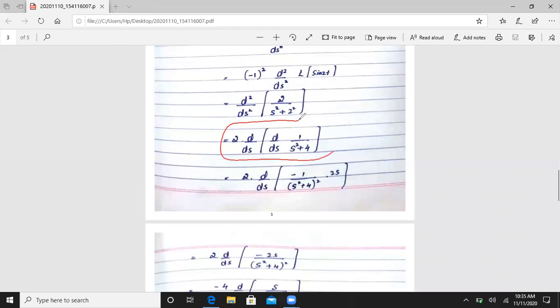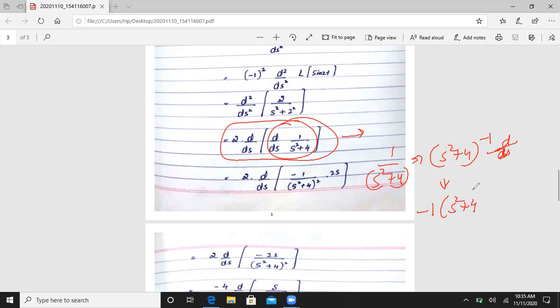So here, first we'll differentiate this one. This function becomes 1 divided by s square plus 4, so we write it as s square plus 4 to the power minus 1. Differentiating, we get minus 1 into s square plus 4 to the power minus 1 minus 1, into the differentiation of s square, which is 2s.